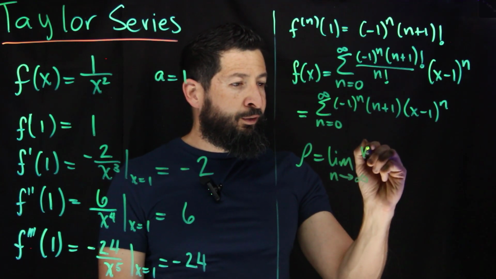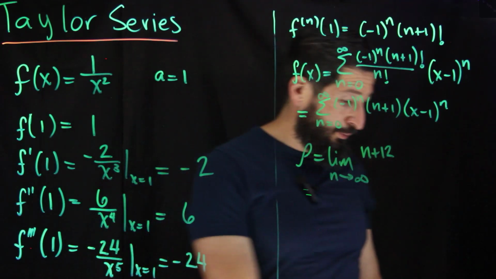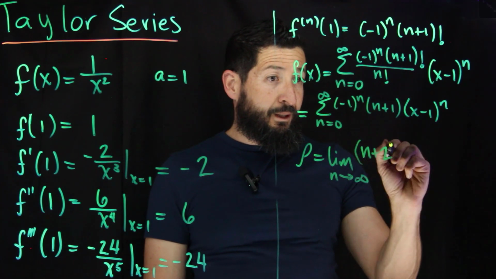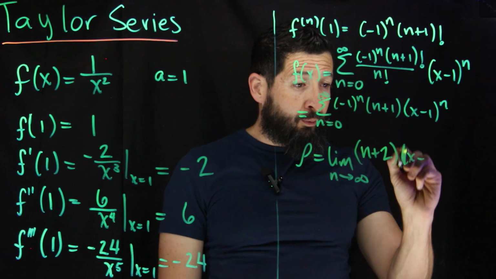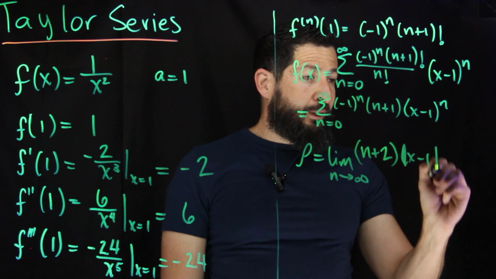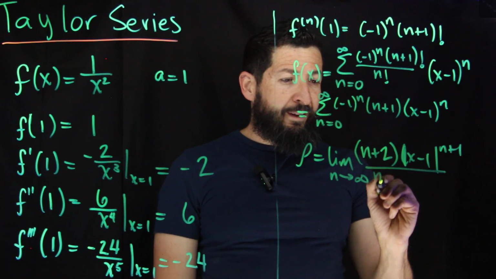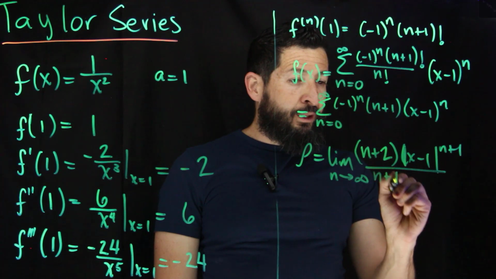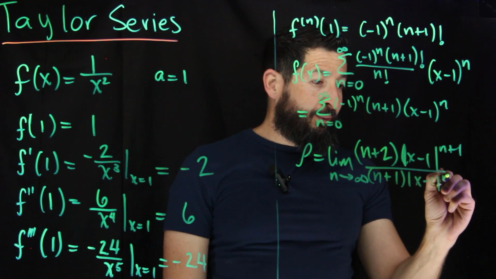So it's going to be n plus 2, times the absolute value of x minus 1 to the n plus 1, over, this is easier to divide, n plus 1 times x minus 1 to the n.